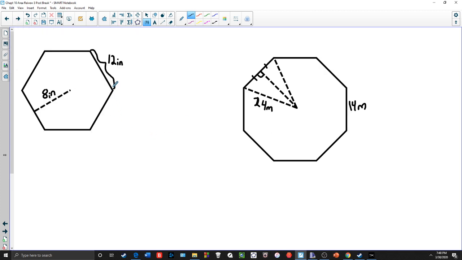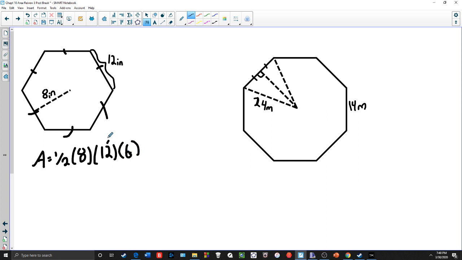So just do two real quick ones here. So this one right here, let's count the sides first. So 1, 2, 3, 4, 5, 6. So it's a hexagon. So what I would do is 1/2 times my apothem, which is 8, from center to edge, times my length, which is 12, times 6, because there's 6 sides.